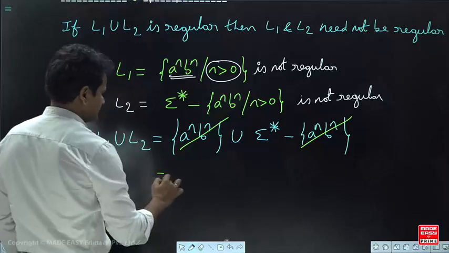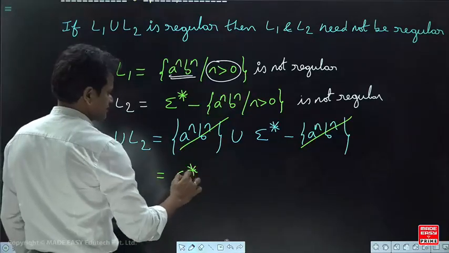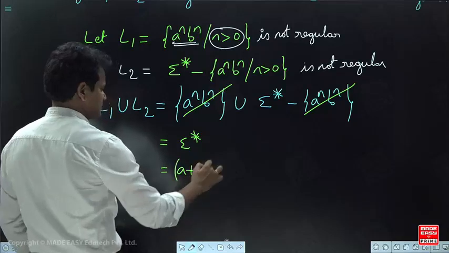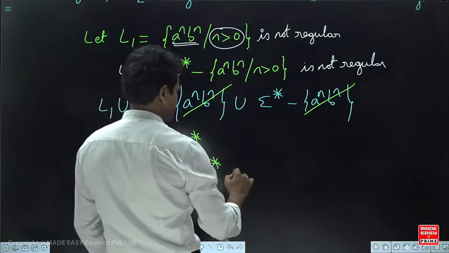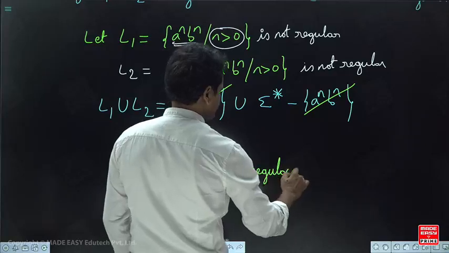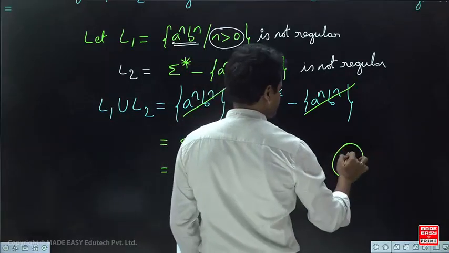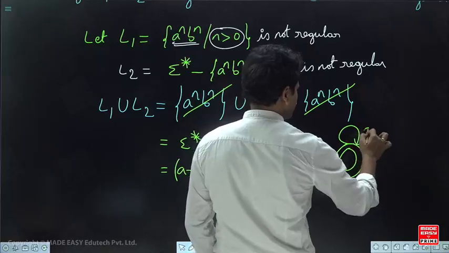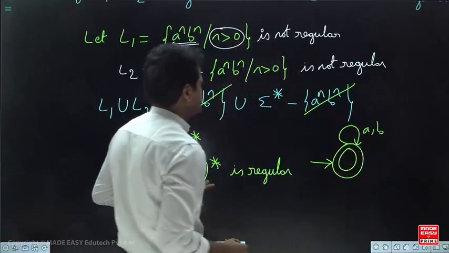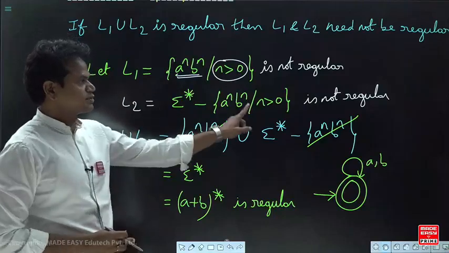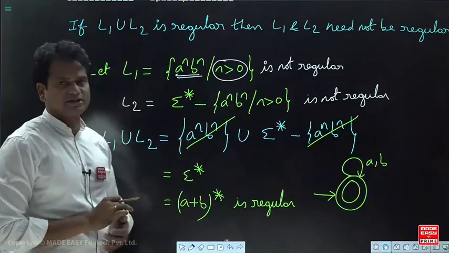Then what will be left? Sigma star. What is sigma star? Sigma star is nothing but A plus B whole star. Is it regular? Yes, because we can consider a finite automata which accepts any combination of A and B. That's it. See guys, here L1 is not regular, L2 is also not regular, but their union is regular.